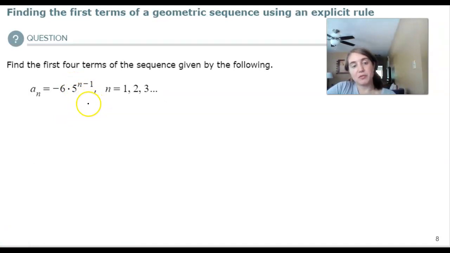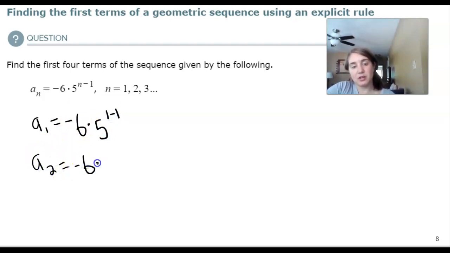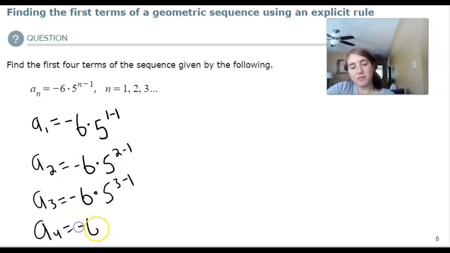This is similar to what we've done before. It just looks a little different. What are the first four terms of the sequence below? Everywhere I see an n, I'm going to put a 1. Then I'm going to put a 2, a 3, and then a 4.